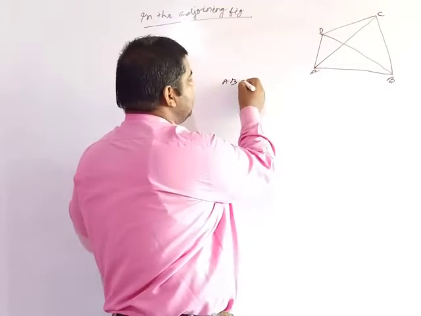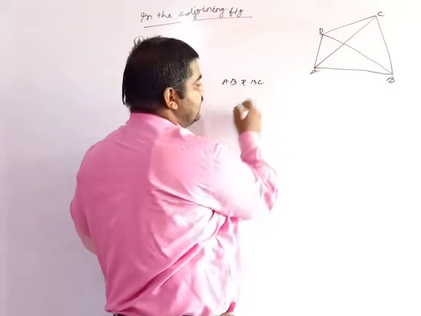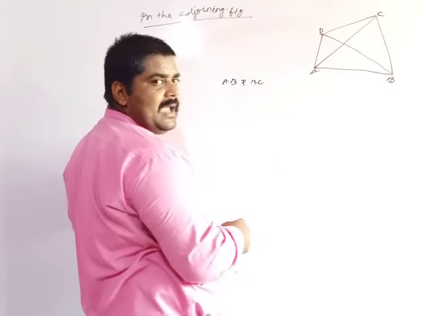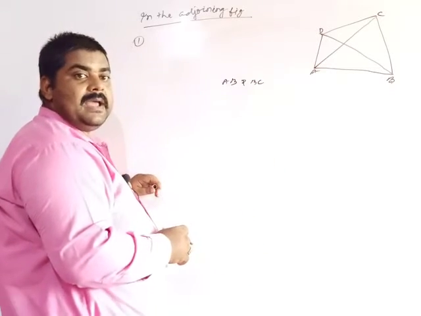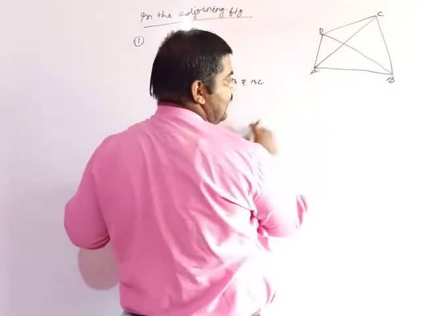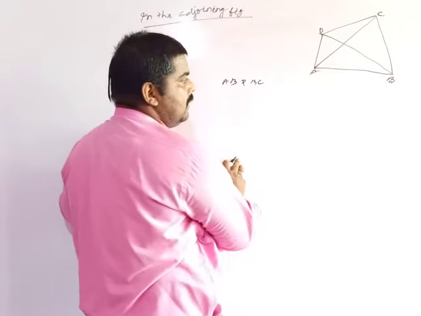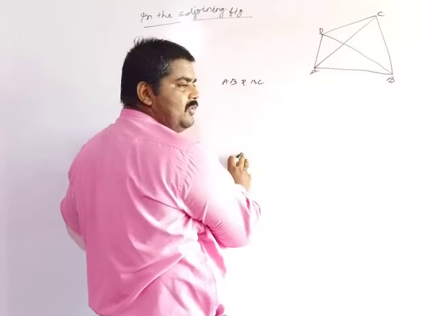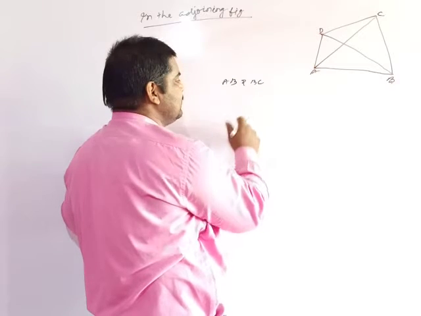You know very well that AB and BC are adjacent sides, because any two sides which have a common vertex are known as adjacent sides. AB and BC have a common vertex B, and this is why AB and BC are known as adjacent sides.